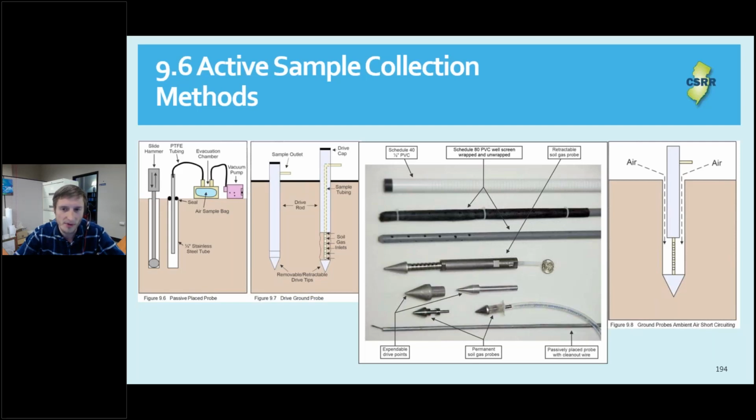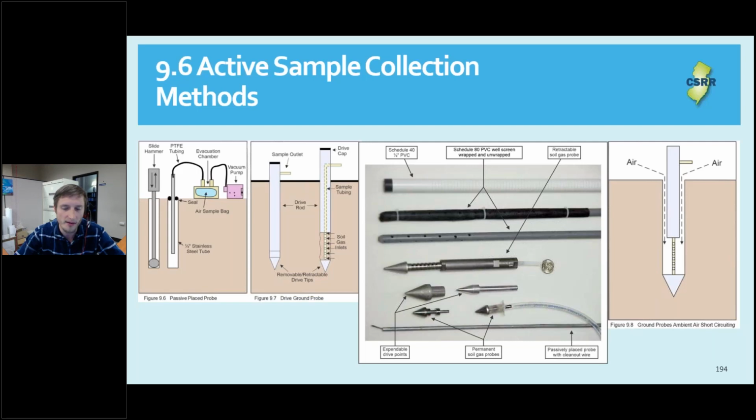The third image shows a whole bunch of examples of the temporary soil gas probes. The first one on the top is a Schedule 40 half-inch slotted PVC screen that is also used in permanent wells as well. The second two below that show a more handmade soil gas probe where it's using a PVC riser that is drilled with a hand drill wrapped in a nylon screen. Below that is the stainless steel drive ground probe, which is about as wide as a quarter. Below that are also expandable drive points, which can be connected to PTFE tubing.